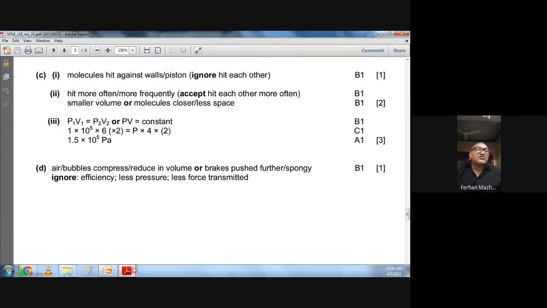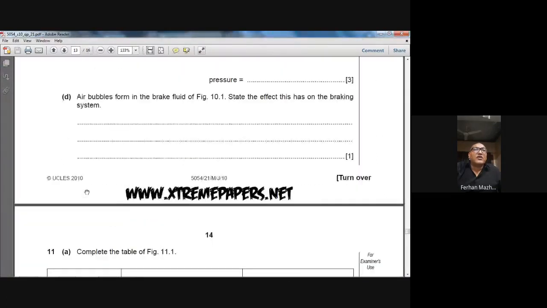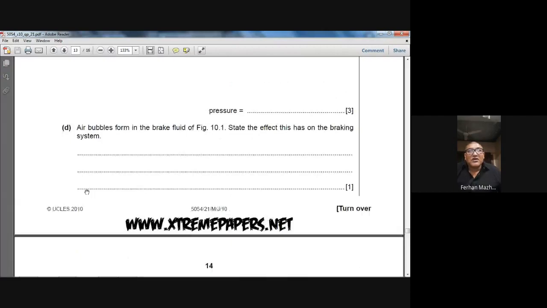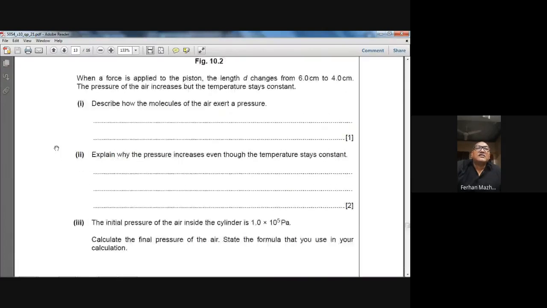So let's go to the next part, and the next part is: air bubbles form in the brake fluid of figure 10.1. State the effect this has on the braking system.